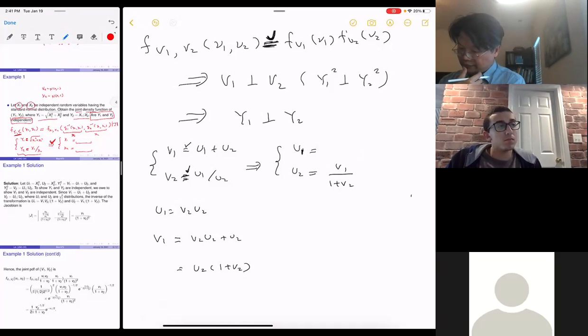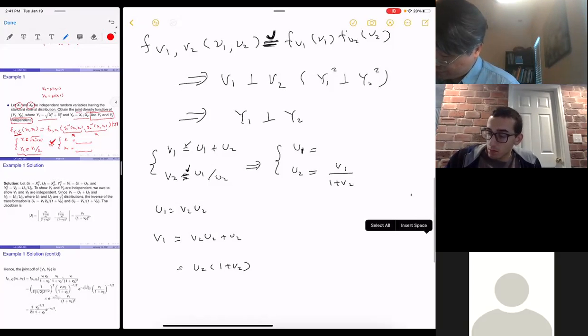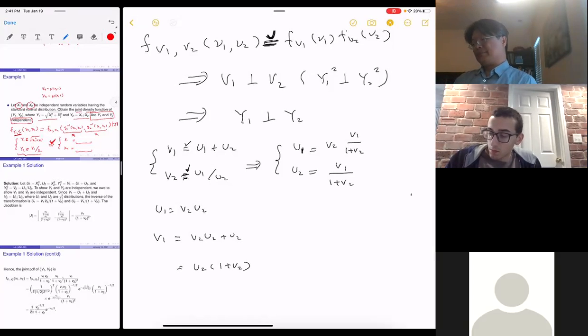U1 is V2 times U2, and V1 equals, right. I think I got U2 correctly. Then I can just plug in right here to get my U1, because U1 is V2 times U2. So you could write V1 V2 divided by 1 plus V2 on the right hand side.